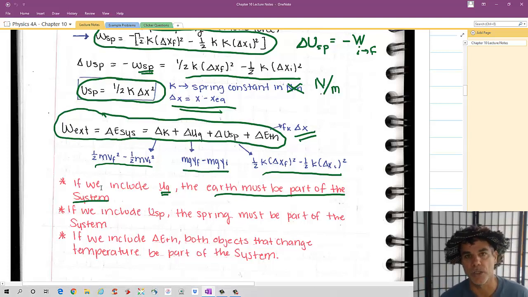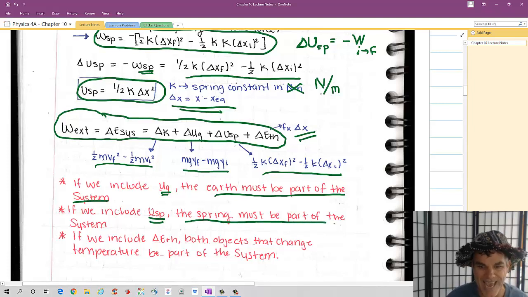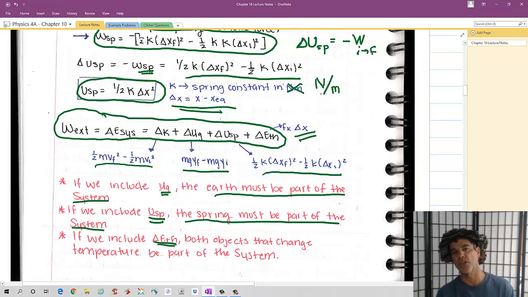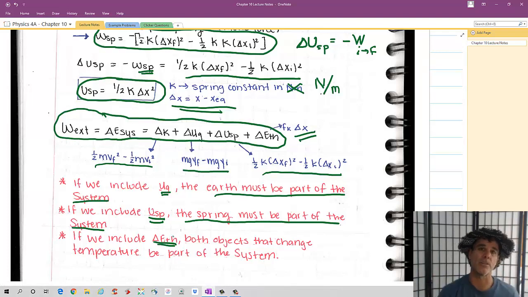Spring potential energy is always an interaction between a spring and whatever's connected to the spring, which means if I'm going to include elastic potential energy, the spring has to be part of the system. And last but not least, if I want to include thermal energy, it's always going to be friction causing thermal energy to be generated, which means more than one object is going to heat up. Let's say I have an object sliding across a surface.